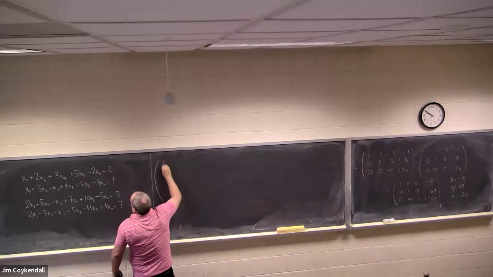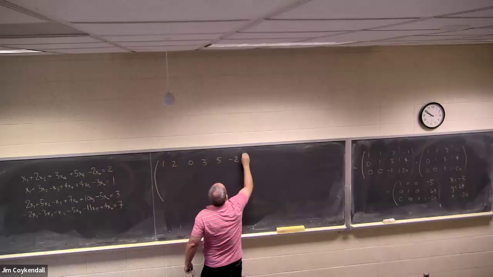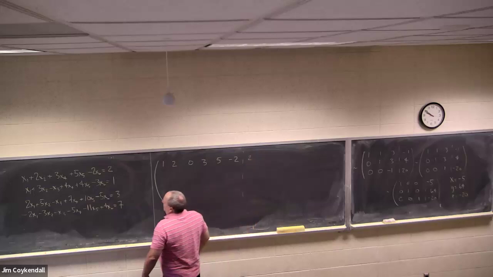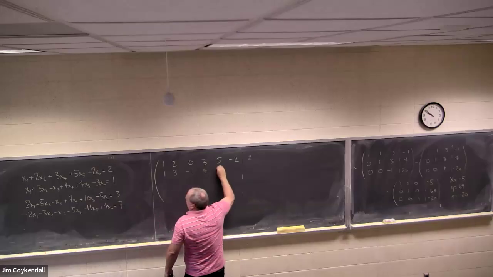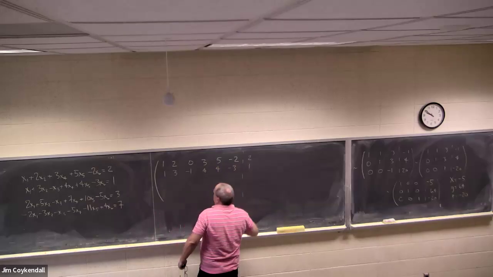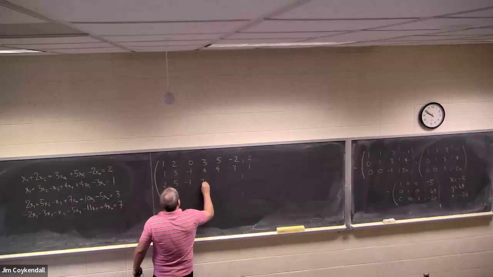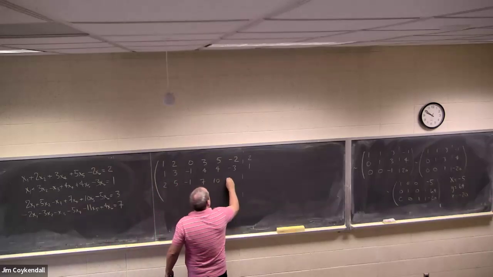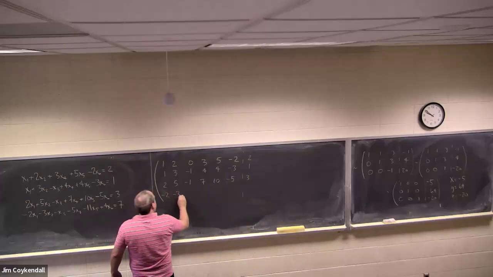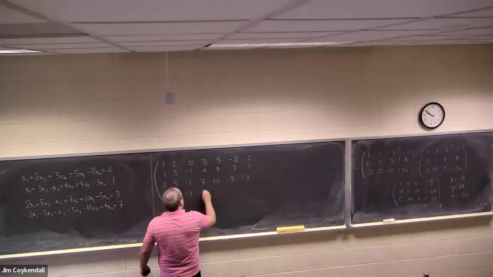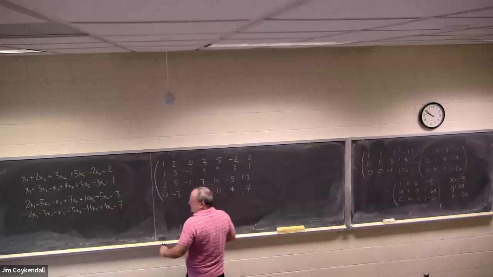Let's get the matrix going. This is 1, 2, 0, 3, 5, minus 2, 2. 1, 3, minus 1, 4, 4, minus 3, 1. 2, 5, minus 1, 7, 10, minus 5, 3, and minus 2, minus 3, minus 1, minus 5, minus 11, plus 4 is equal to 7.